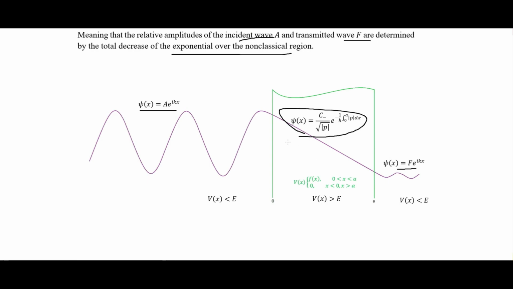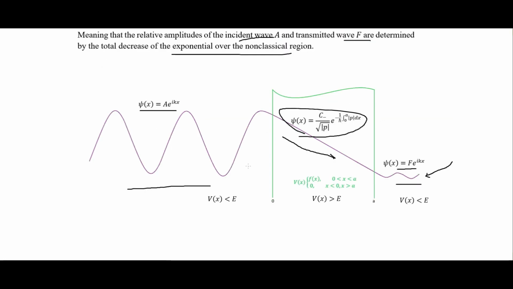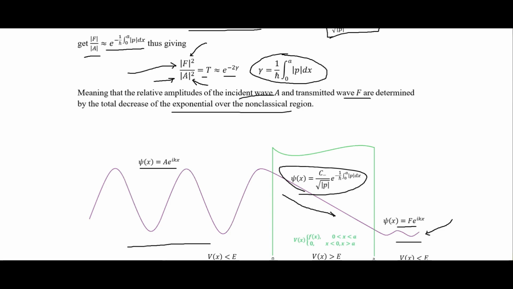The decay determines the amplitude of our transmitted particle, so we have the amplitude of the transmitted particle here and the amplitude of our incident particle here. The ratio of that is our transmission.